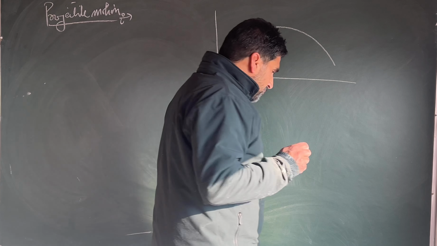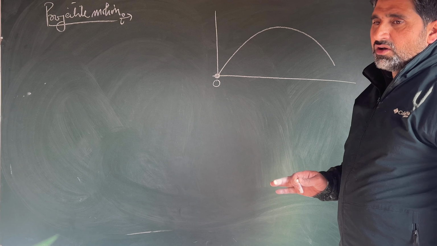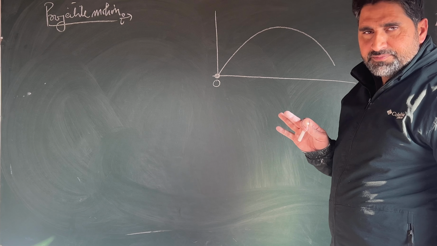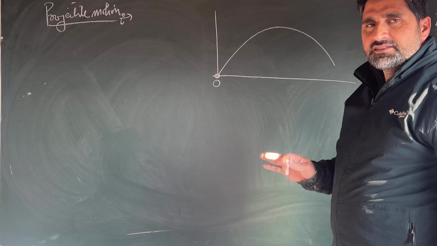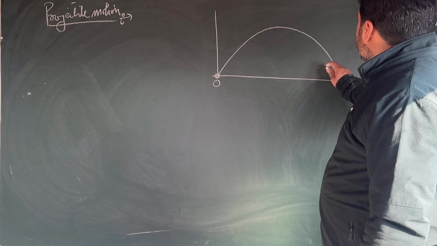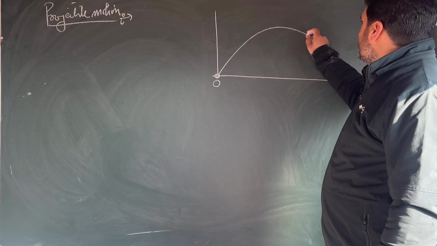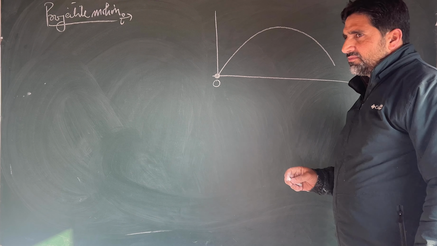So when an object is thrown in space and the only acting force on it is the gravitational force, then the motion is projectile, and the path followed by that object is always a parabolic or curved path.